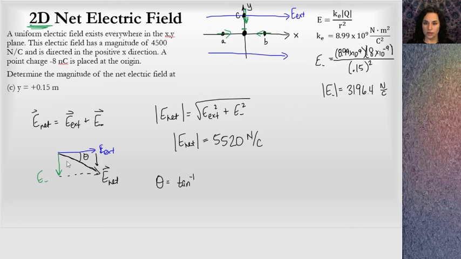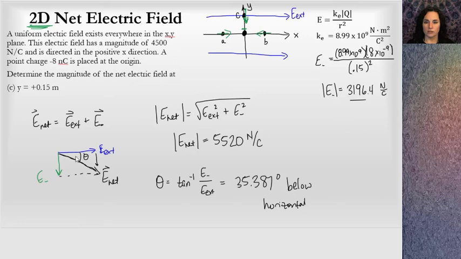The opposite is the y component and the adjacent is the x component, so it's E negative, the y component, over E external. Those are both numbers that we know. When you run that through your calculator, you get 35.387 degrees, and I'm going to call that below the horizontal.